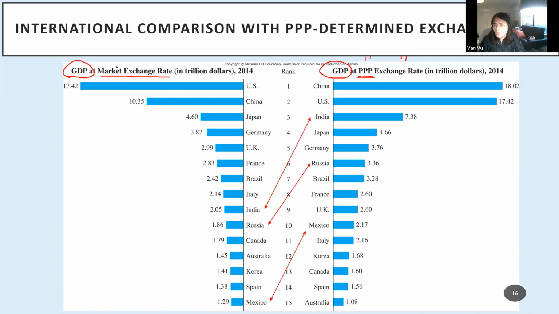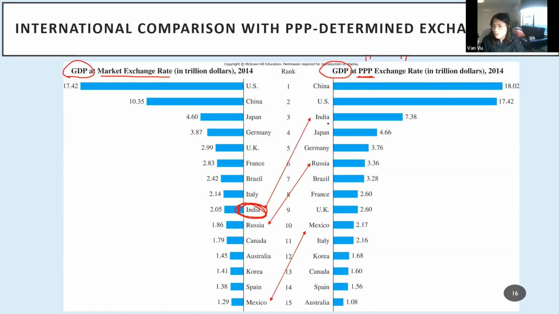When we use the actual market exchange rate and the PPP exchange rate, sometimes we will see some discrepancies. For example, in the case of India, if we use the market exchange rate to calculate GDP, we will find that the market rate underestimates the GDP of India.